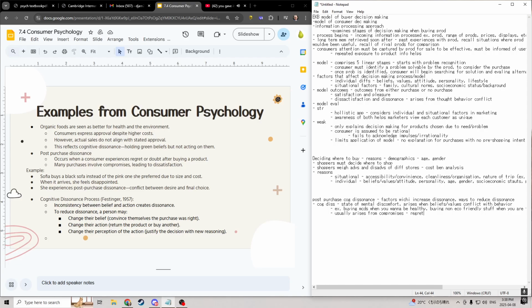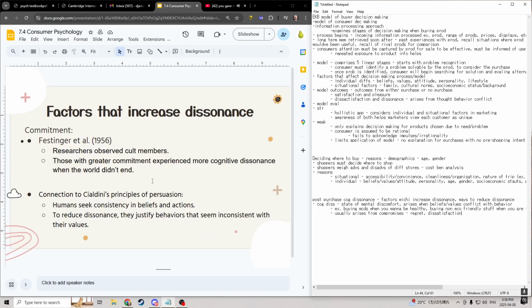Regret, dissatisfaction. Example, whatever. Factors that increase cognitive dissonance.